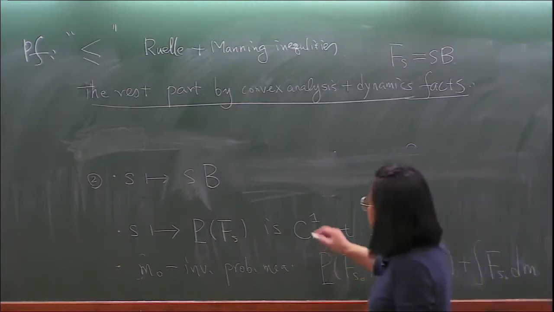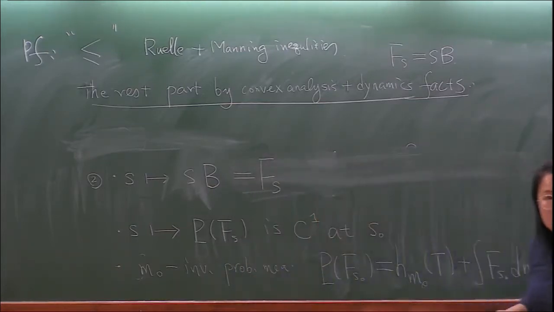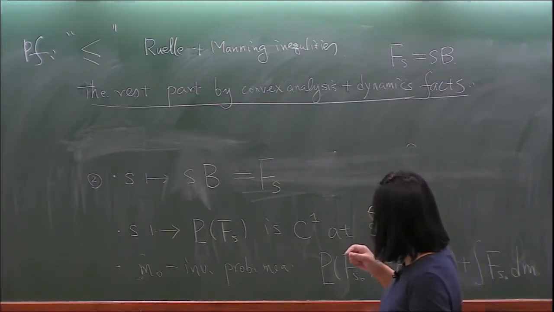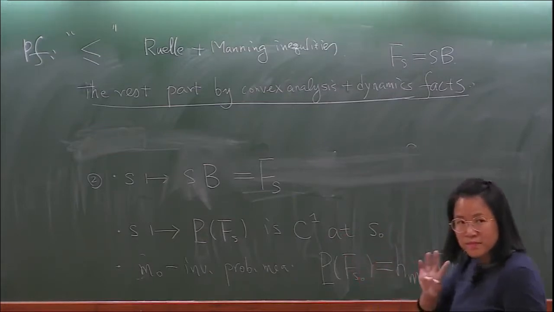This is our Fs. One parameter. What is the conclusion? You want to say that P of Fs is convex? Sorry, I just made a mistake somewhere. You say that P of Fs is convex? You only said C1, sorry. Maybe, okay, sorry.